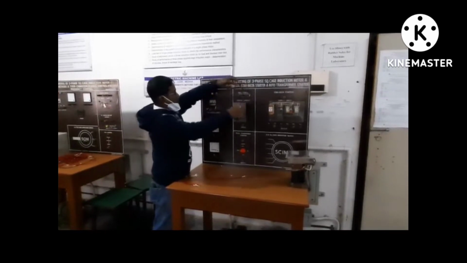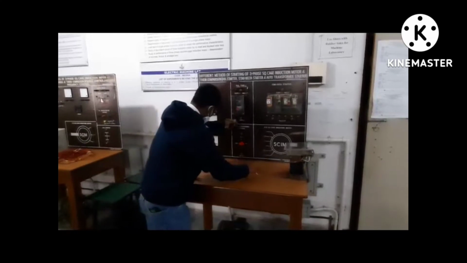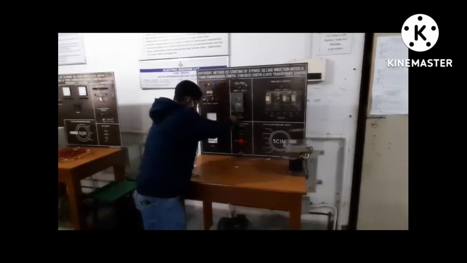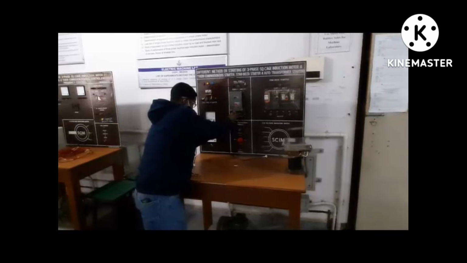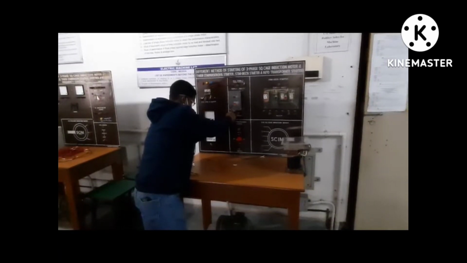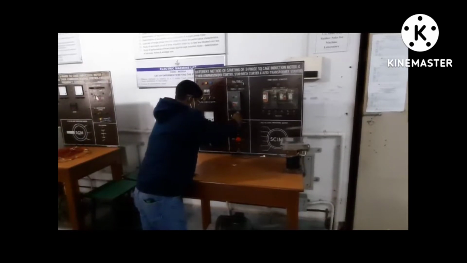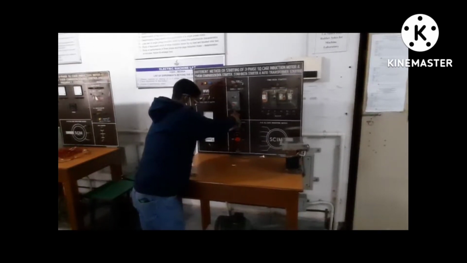These are the input supply of the DOL type starter. The output of the DOL type starter is connected to R, Y phase, B phase.